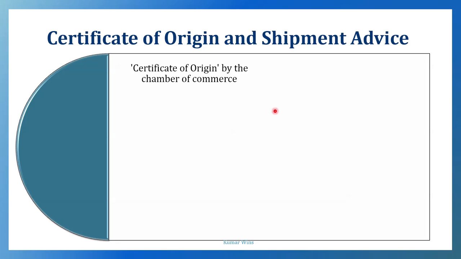This certificate of origin is issued in duplicate. So in case of export shipment to countries where GSP concession is offered, the GSP certificate of origin will have to be procured by the exporter from the concerned authorities. Generally the export inspection agencies are the ones who issue the GSP certificate of origin.